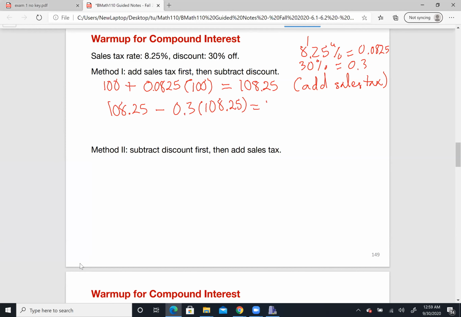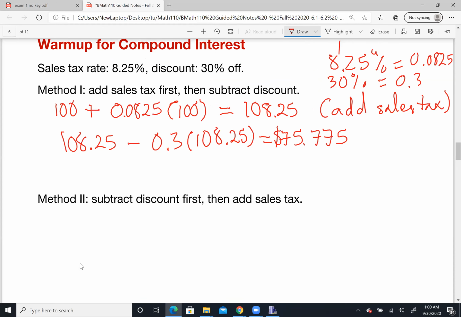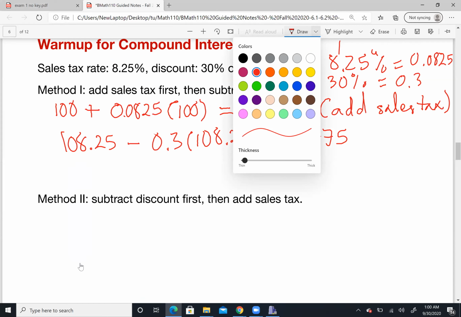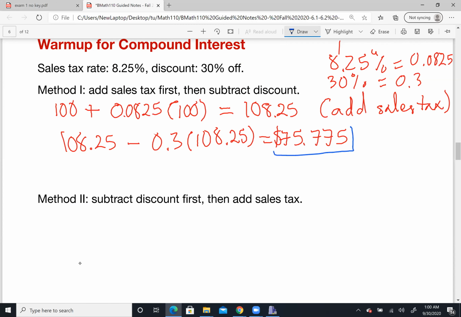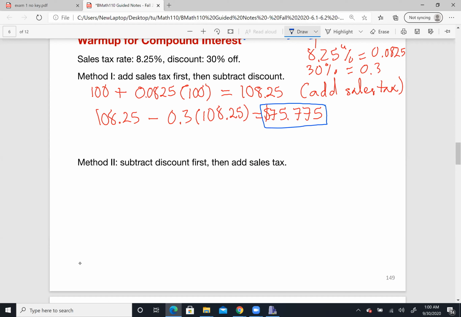So $75.775. Okay, let me circle this so I don't forget it. Right. So let's see if this amount is higher than the second way, which is the way you want the seller to do. Okay, so I need to subtract the discount first, right?